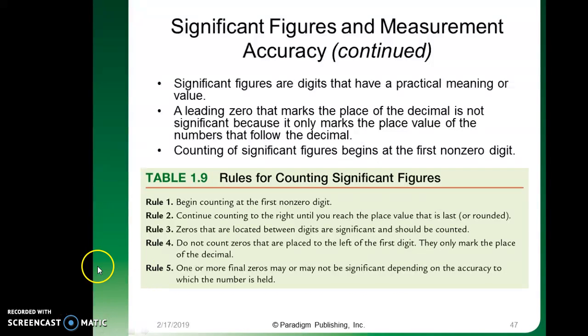So depending on the accuracy, if the accuracy of that number is to the exact value, those values would all be significant. But if it's considered an estimated value, the last zero is not significant, therefore it would only have 2 significant figures, and that last value would be an estimate.